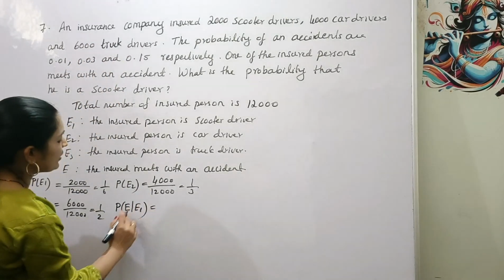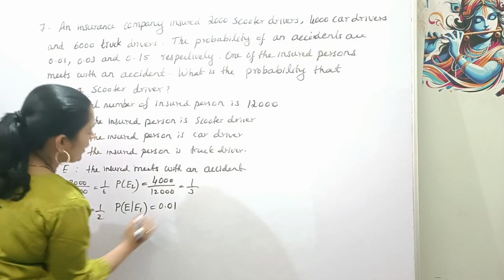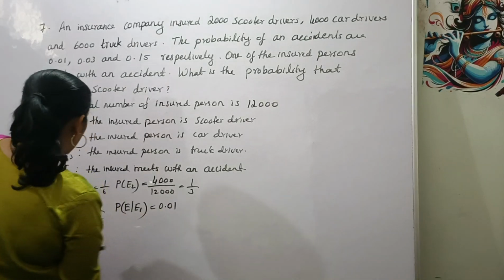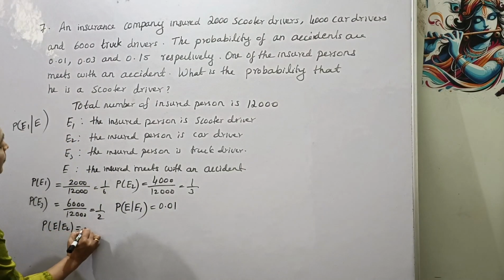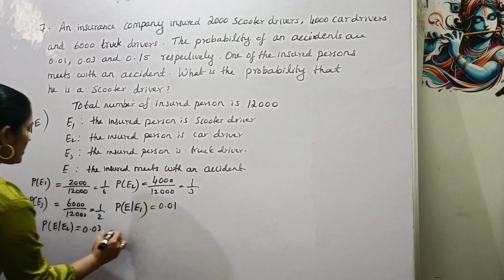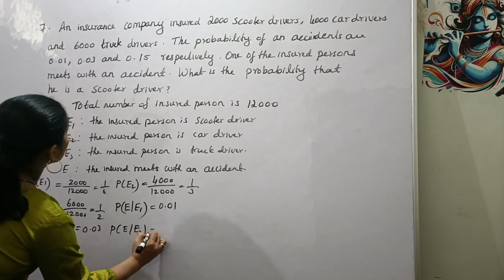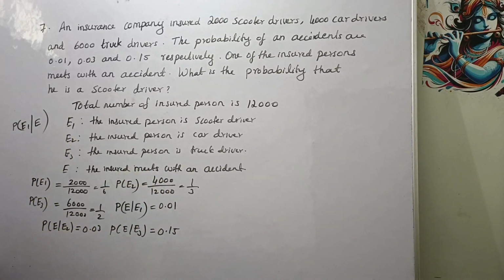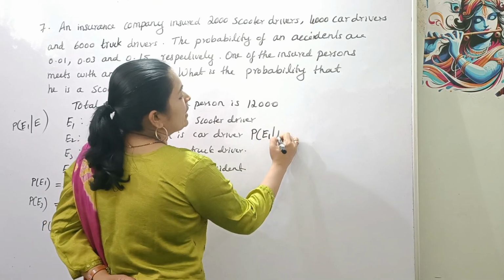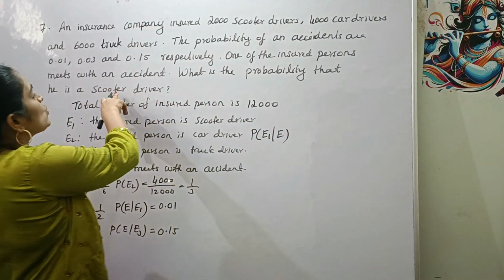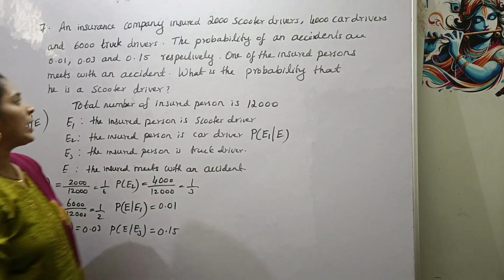So probability of E given E1 is 0.01. And probability of E given E2 is 0.03 and probability of E given E3 is 0.15. Now we have to find probability of E1 given E, that is the probability of a scooter driver given that the insured person meets with an accident.